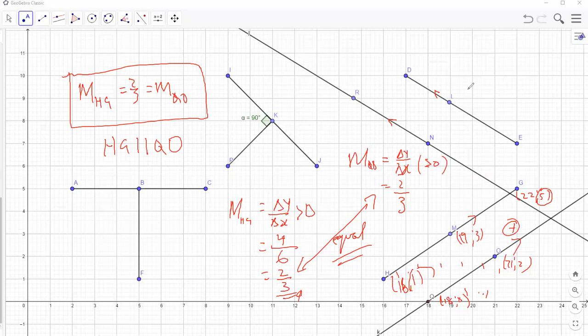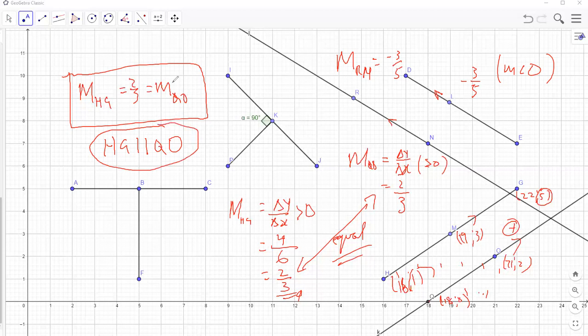In the previous video, we established that the gradient for this line was 3/5, and we know it is negative because it is a decreasing slope. Now, I'm telling you that this line is parallel to this line. Without calculation, I can conclude that the gradient of line RN should also be minus 3/5, and I'm using the fact that they are parallel.